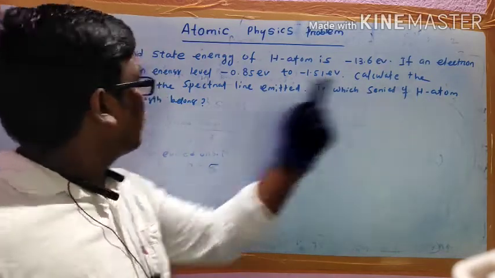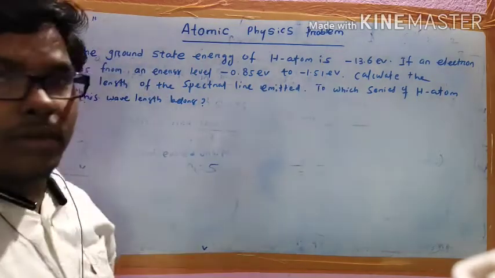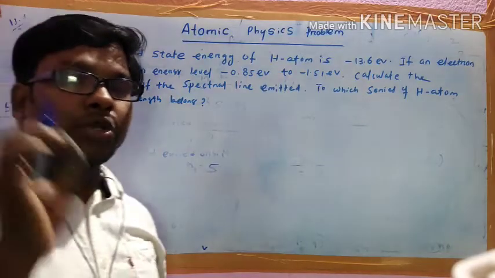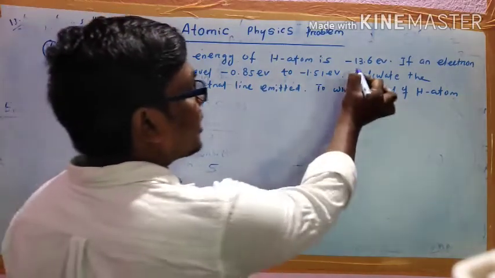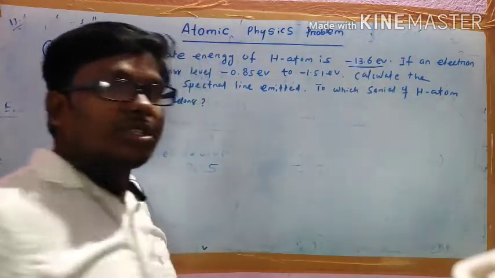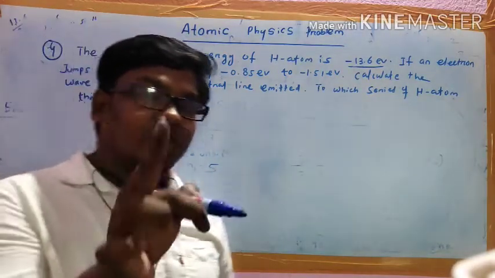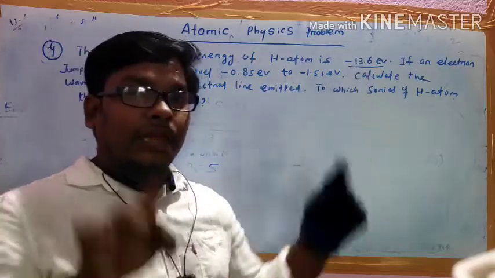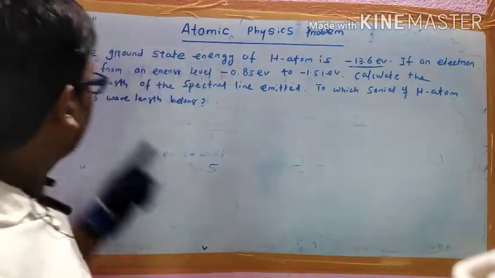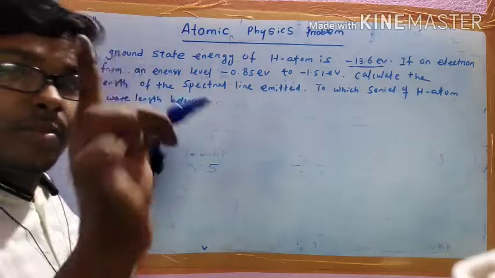To which series of hydrogen atom does this wavelength belong? Okay, remember student, given the ground state energy minus 13.6, if you know which orbit belongs to this energy, you can easily define which spectral series this wavelength belongs to.